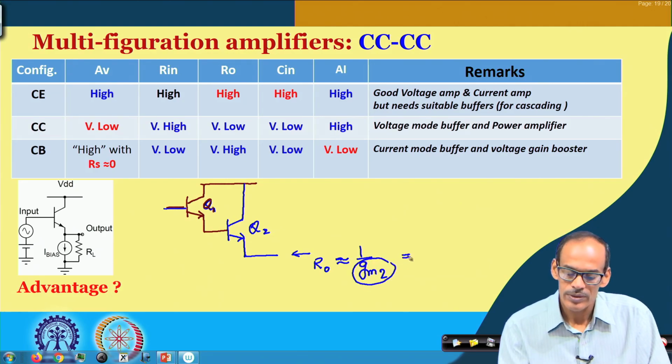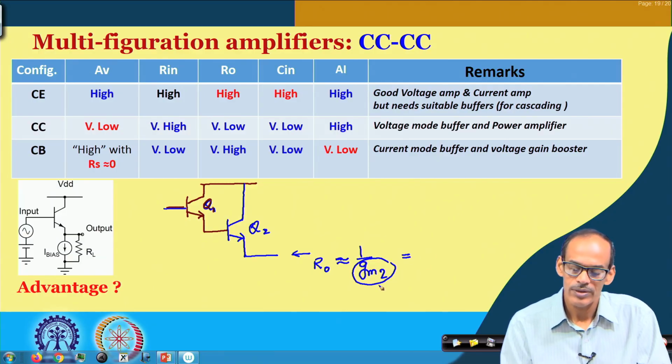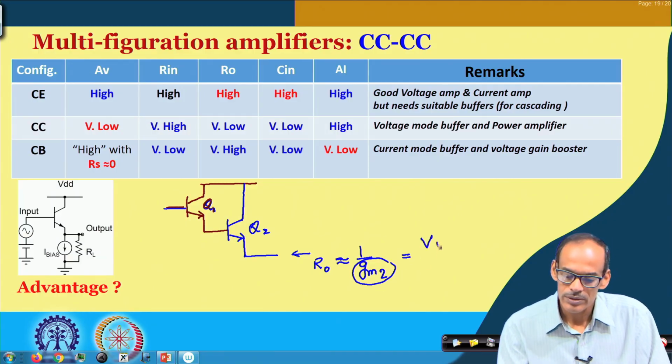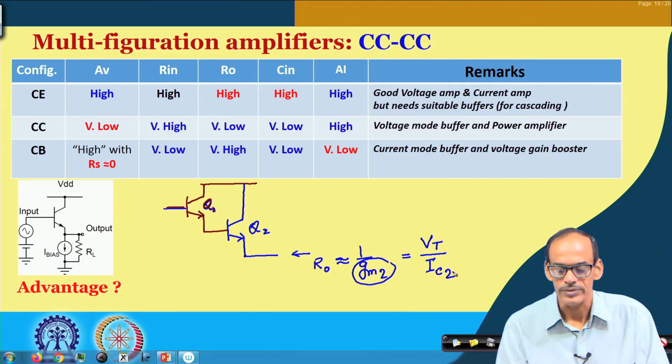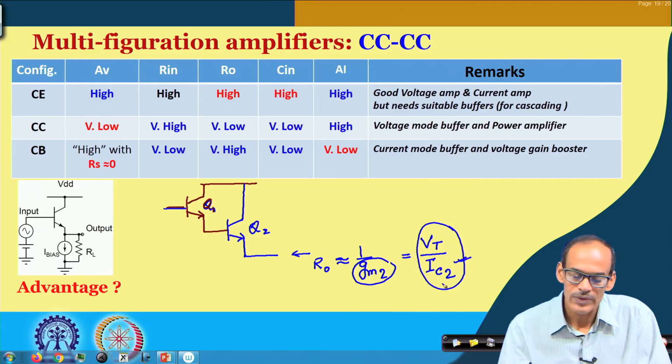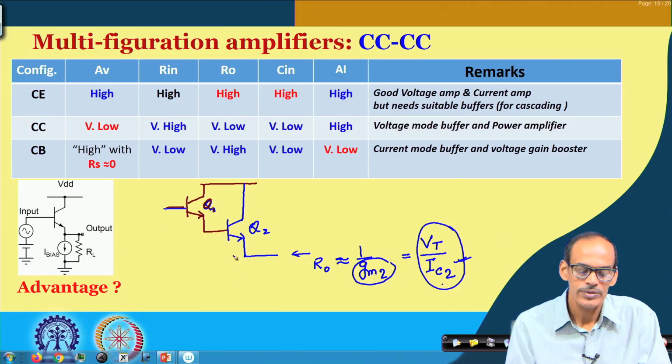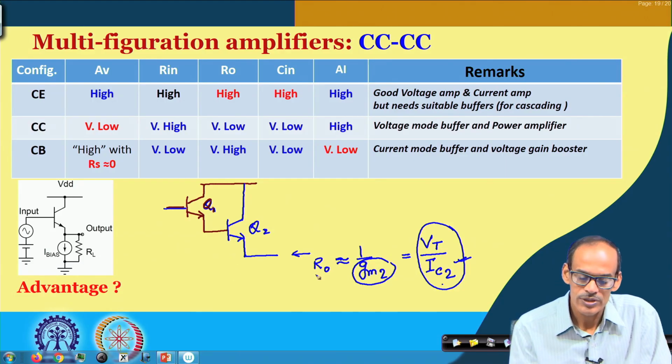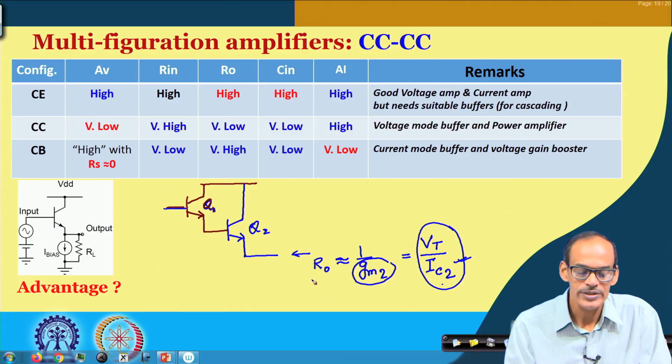So, we do have Gm equal to IC divided by Vt, or rather 1 by Gm is Vt divided by IC of the second transistor. It depends on the current. So, the higher the value of this current, the better the situation, namely smaller output resistance.